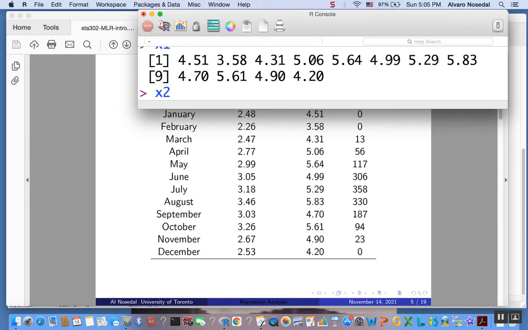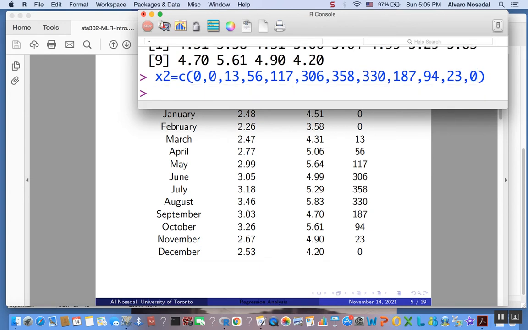Let's do the same thing. Let's enter the values of the second predictor variable. Okay.